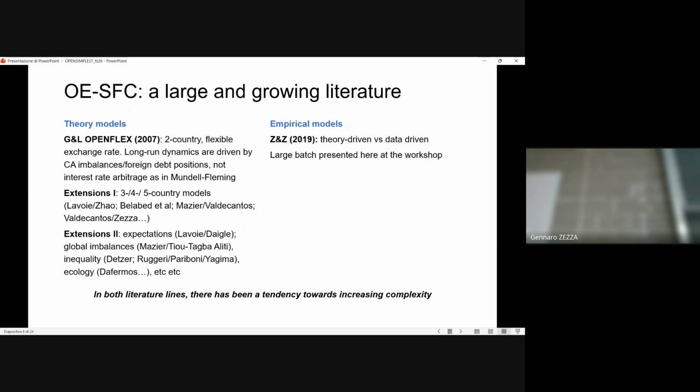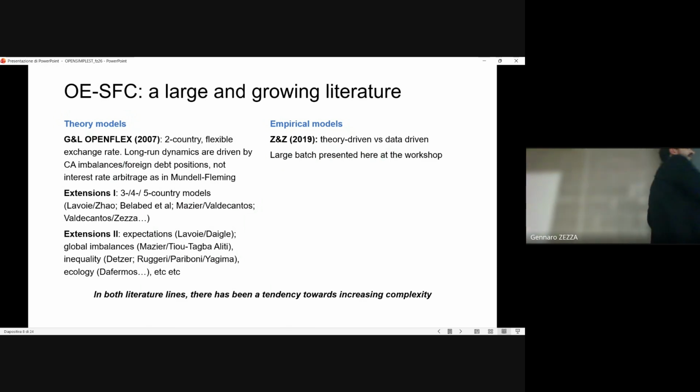So these models have been extended in various ways. Starting from the Godley-Lavoie chapter 12, we had extensions in the number of areas or countries that have been modeled. We started with 2 countries, and now we have up to 5, with models made by Sebastian, by Jacques Mazier, and by other people in the room.